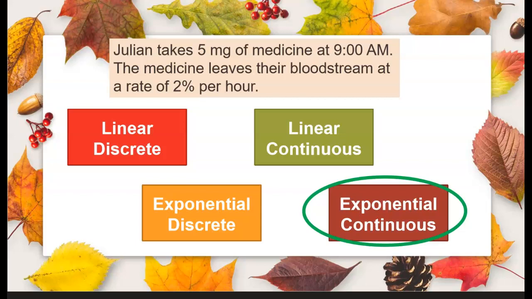Remember when we said percentages are typically a good indication that you're probably going to be looking at exponential, because percentages usually mean multiply. And then the medicine doesn't leave in big chunks. It is continuously leaving the bloodstream. It's continuously degrading out of the body. So for that reason, it is exponential continuous.